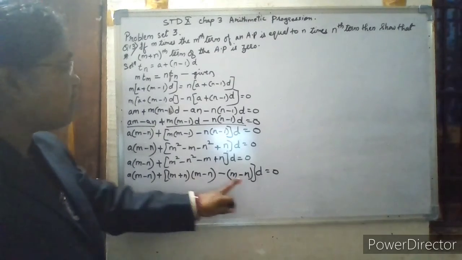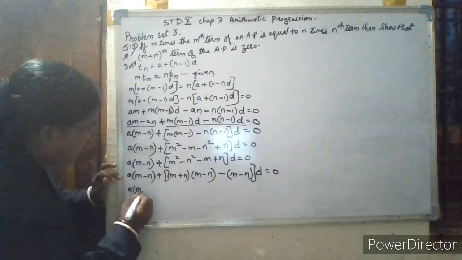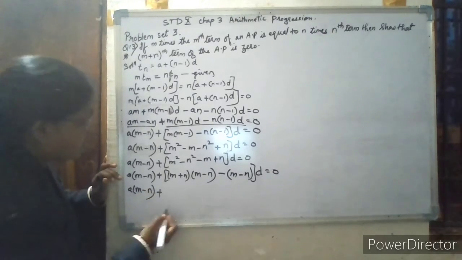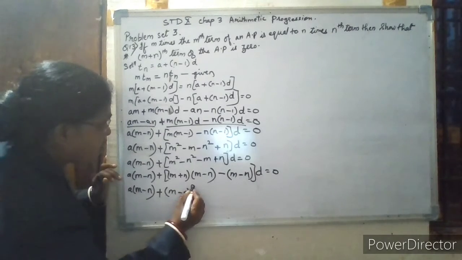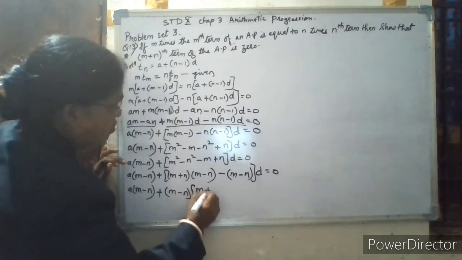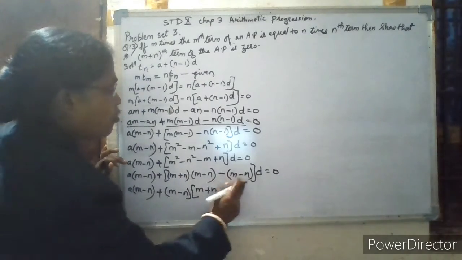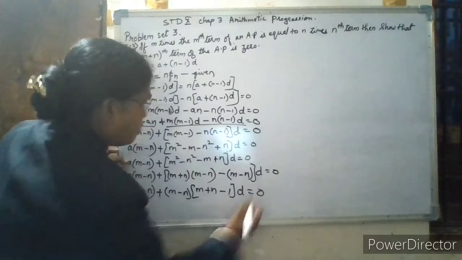Take a into m minus n as 1, then plus, with m minus n as common, inside the square bracket we are left with m plus n minus 1, into d, equal to 0.